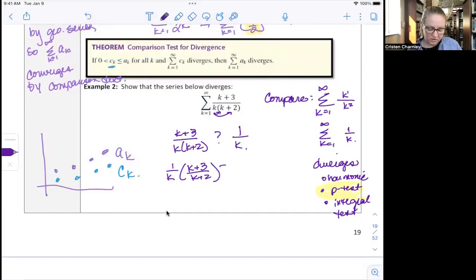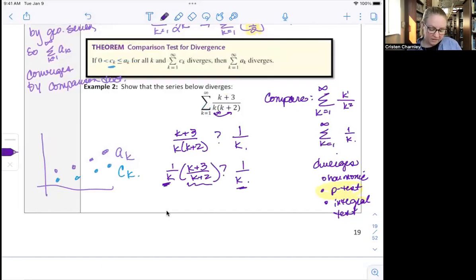How do these two things compare to the 1 over K? Well, the first part's the same, but then this fraction, you're always multiplying by something larger than 1, K plus 3 over K plus 2. As you go to infinity, it will get closer and closer to 1, but it will always be a value larger than 1.